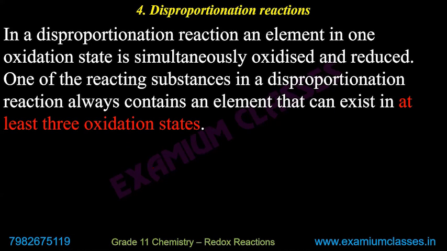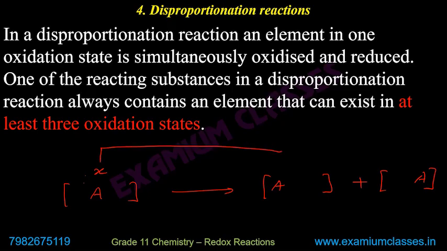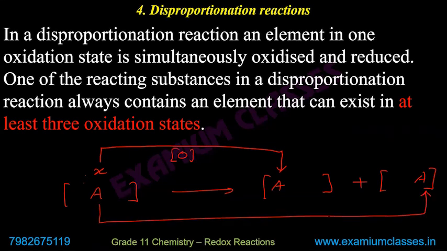The necessary condition is that if I have a compound here with an element A that has oxidation state x, two compounds will be produced where A will be there, and in one case the oxidation state of A is increased, oxidation takes place, and in another case the oxidation state of A should decrease, where reduction will take place.